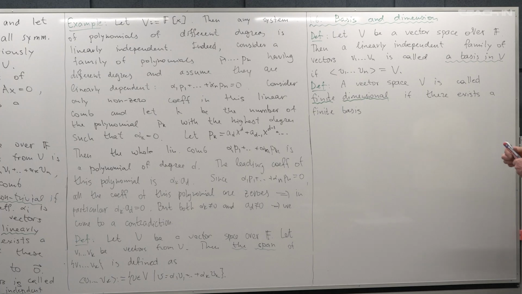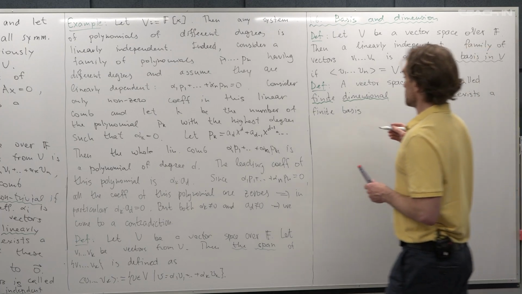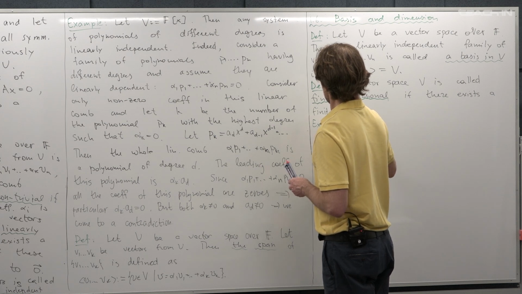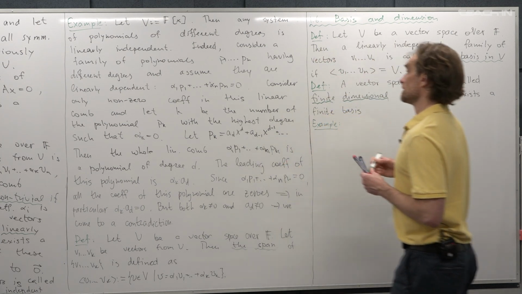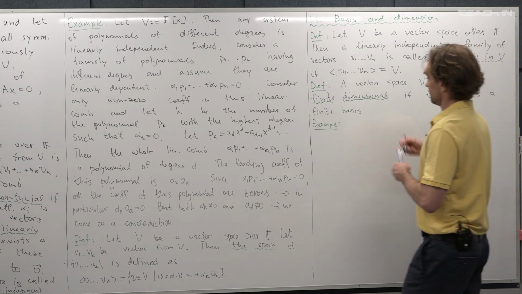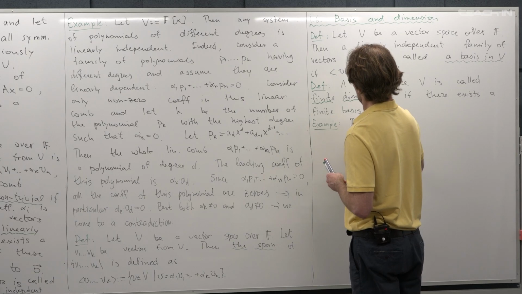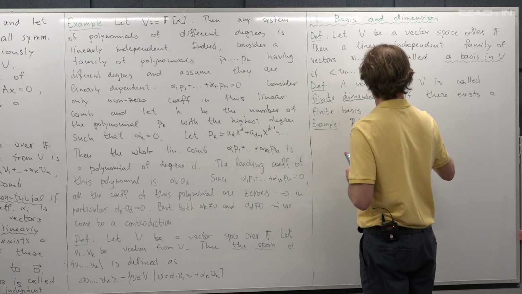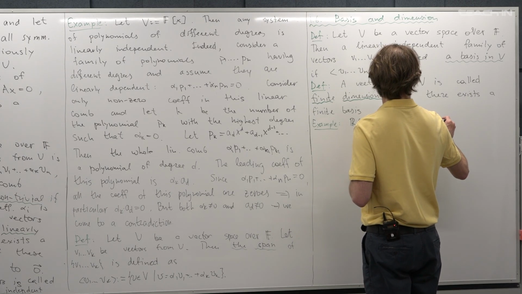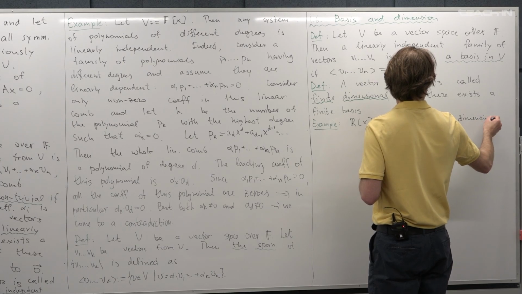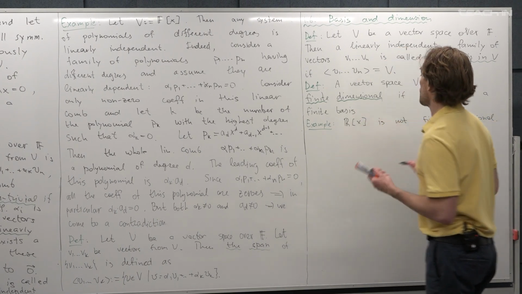And so let us note that the space of all polynomials is not finite dimensional. Why?